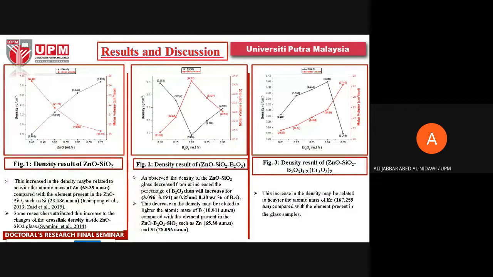For the results and discussion, density is a very important measurement to know the change of molecular packing inside the samples.